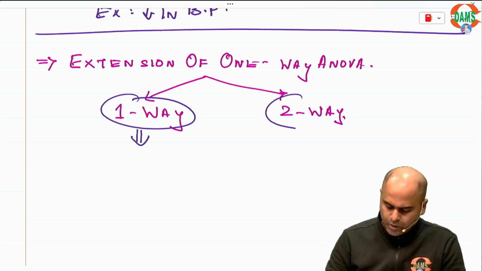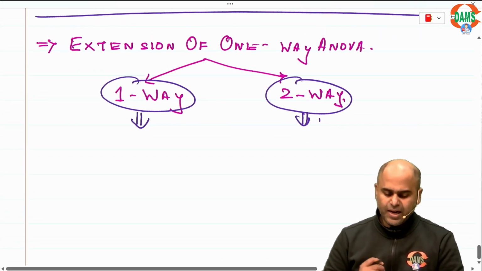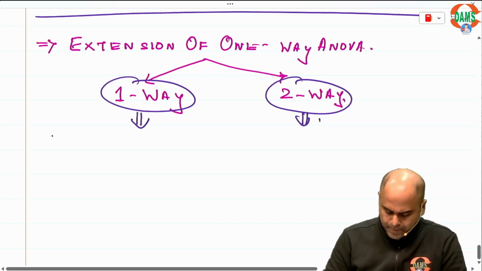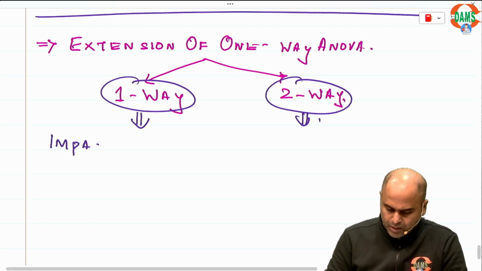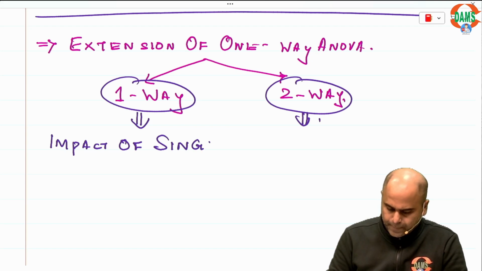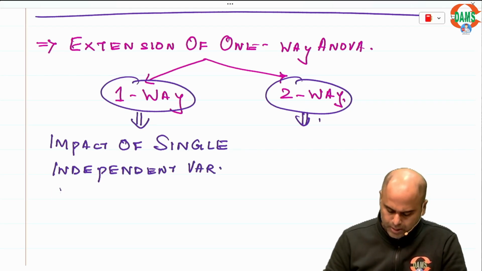This one-way ANOVA basically tells you about the impact of a single independent variable on a dependent variable.